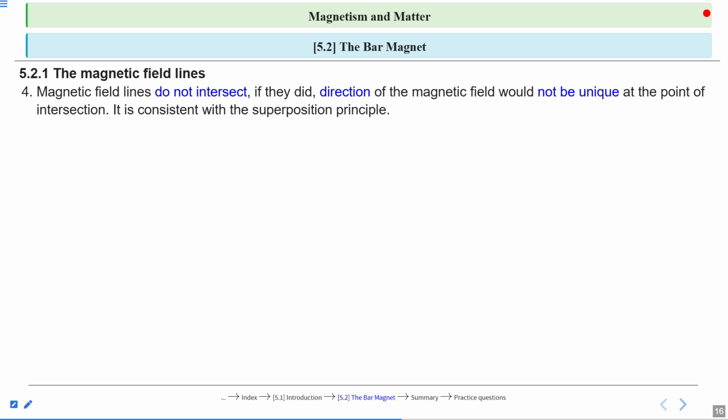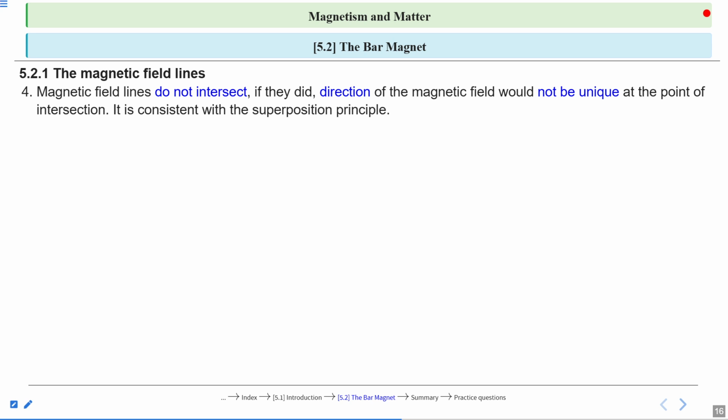Because if they did, the direction of the magnetic field would not be unique. At the point of intersection, there could be two directions of the magnetic field; we could draw two directions of field lines at that point. We don't want that, and it is also not possible for there to be two directions of magnetic field at a point. Only one direction of magnetic field exists at one point. So they do not intersect. If they did, the direction of the magnetic field would not be unique at the point of intersection.